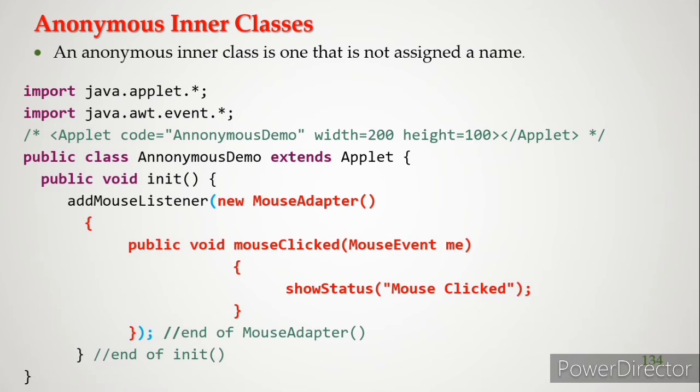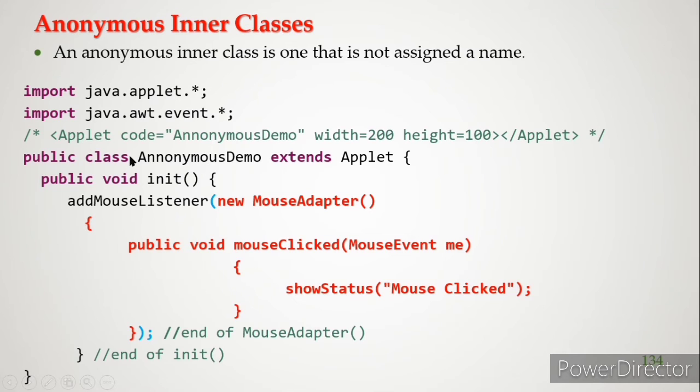This new class is not named. There is no name given for this class, so we call this an anonymous inner class, but it is automatically instantiated when this expression gets executed. Whatever code is there between these brackets automatically gets instantiated and executed when we run this class.